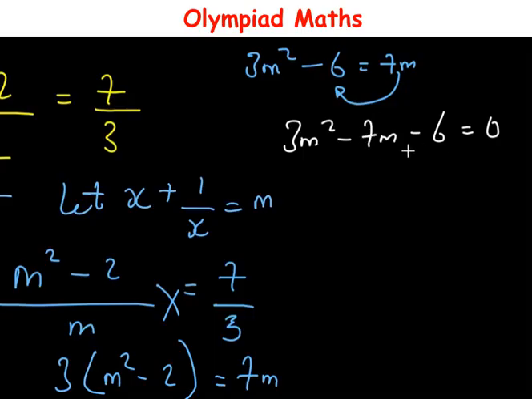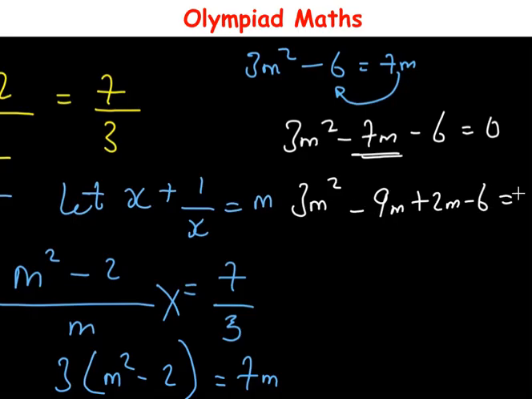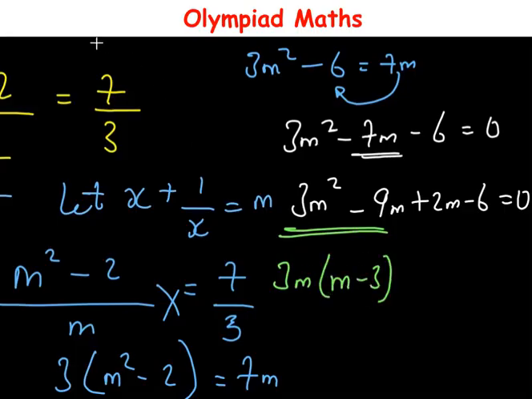Now, we are going to solve this making use of the factorization method. So this becomes 3m^2, then minus 7m can be written as minus 9m plus 2m, minus 6 equals 0. Factorizing out 3m from here, 3m into brackets, we are left with m minus 3. Also, factorizing out plus 2, we are left with m minus 3. This equals 0.